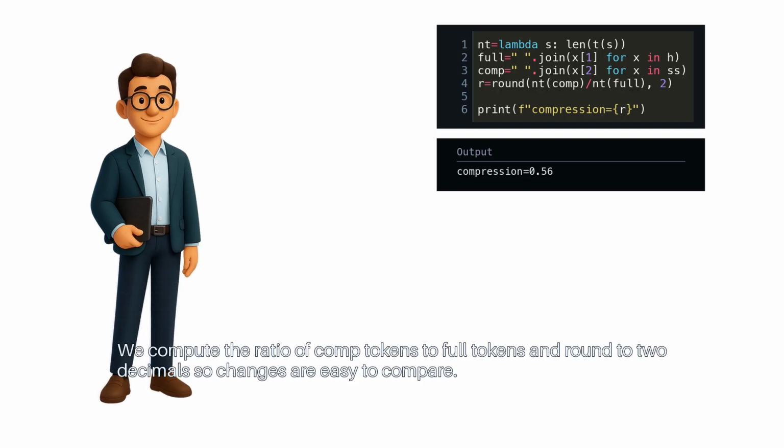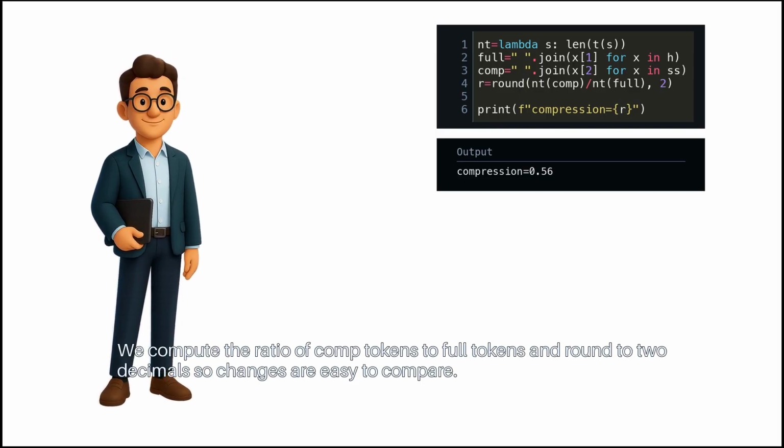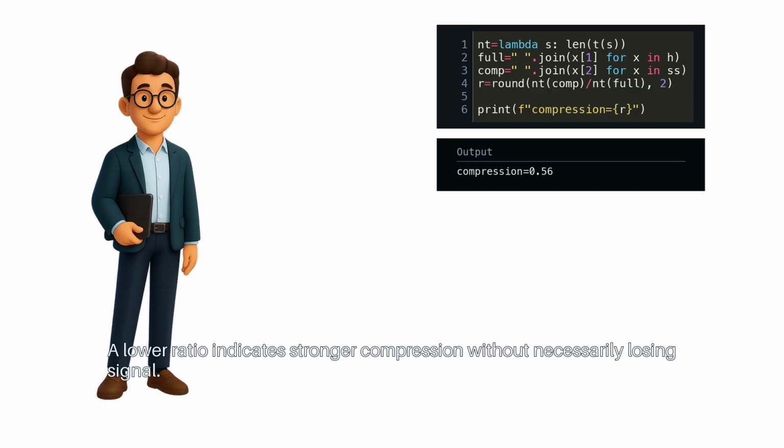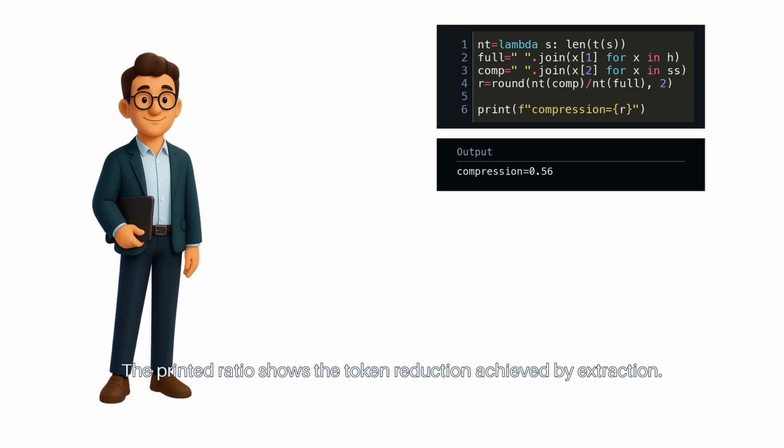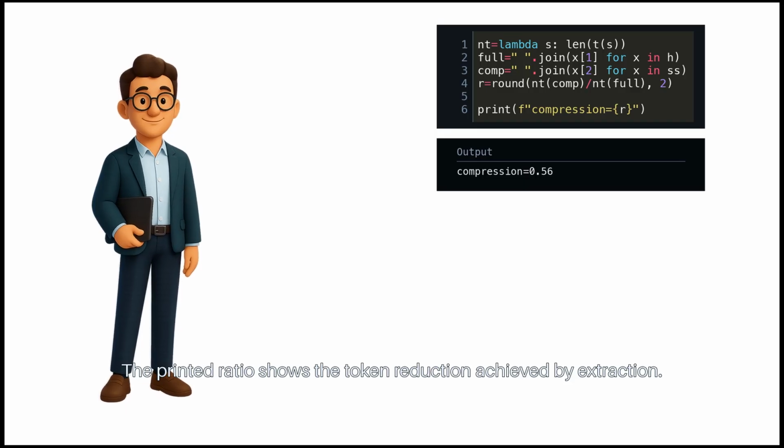We compute the ratio of comp tokens to full tokens and round to 2 decimals so changes are easy to compare. A lower ratio indicates stronger compression without necessarily losing signal. The printed ratio shows the token reduction achieved by extraction.